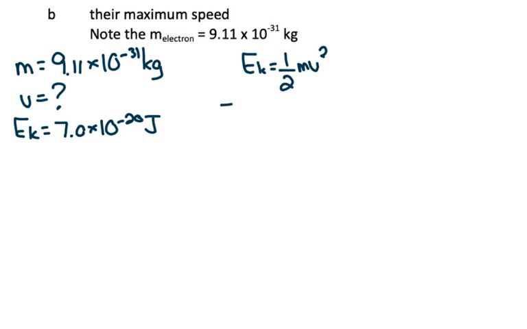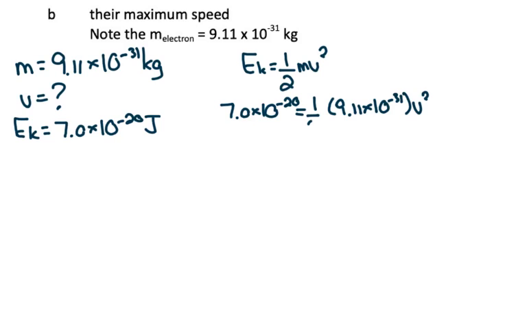Substituting in what we know, EK 7.0 times 10 to the minus 20. Mass 9.11 times 10 to the minus 31. And I have a small error. That should not be a multiply right before the 1/2.